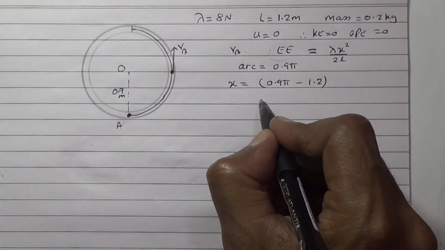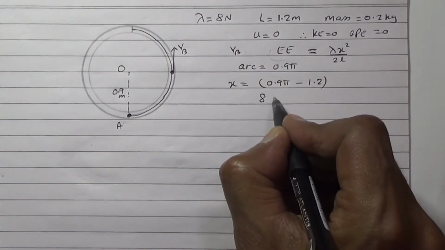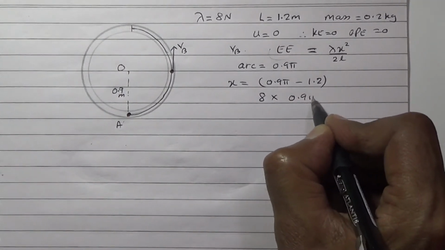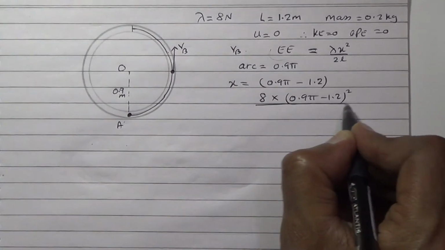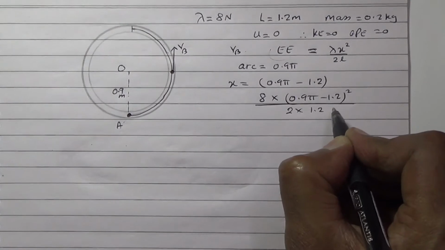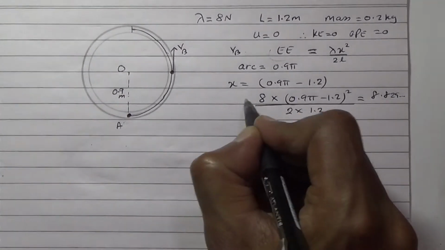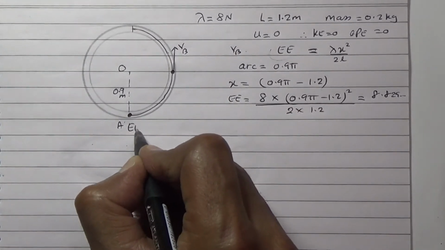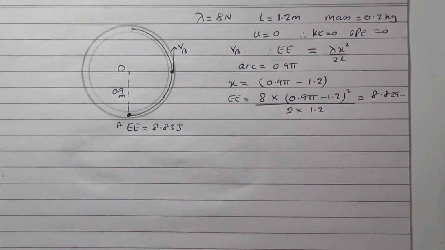So that's lambda, the modulus of elasticity, which is 8, times x squared, and you divide by 2 times the natural length, 1.2, and should be able to get 8.829 something. So the only energy I've got here, the initial energy basically, is 8.83 joules.